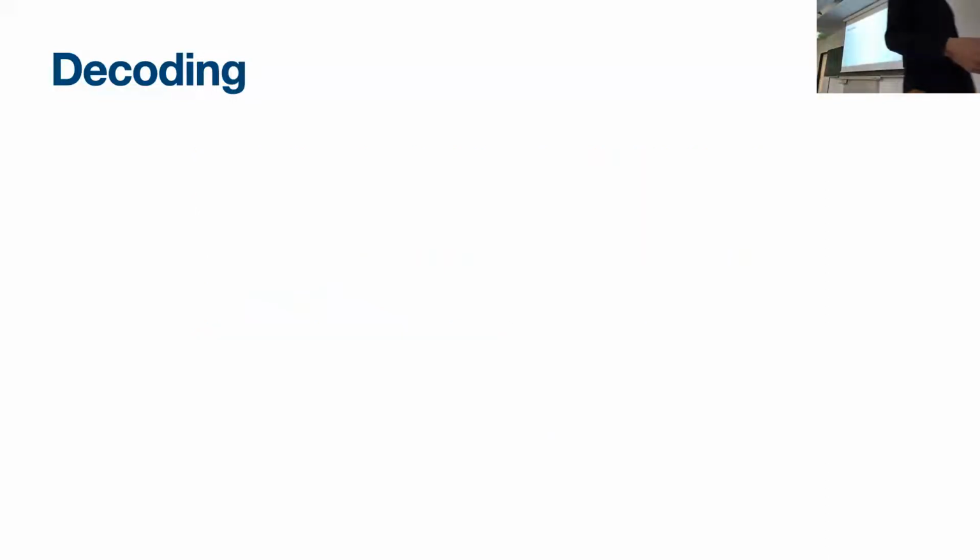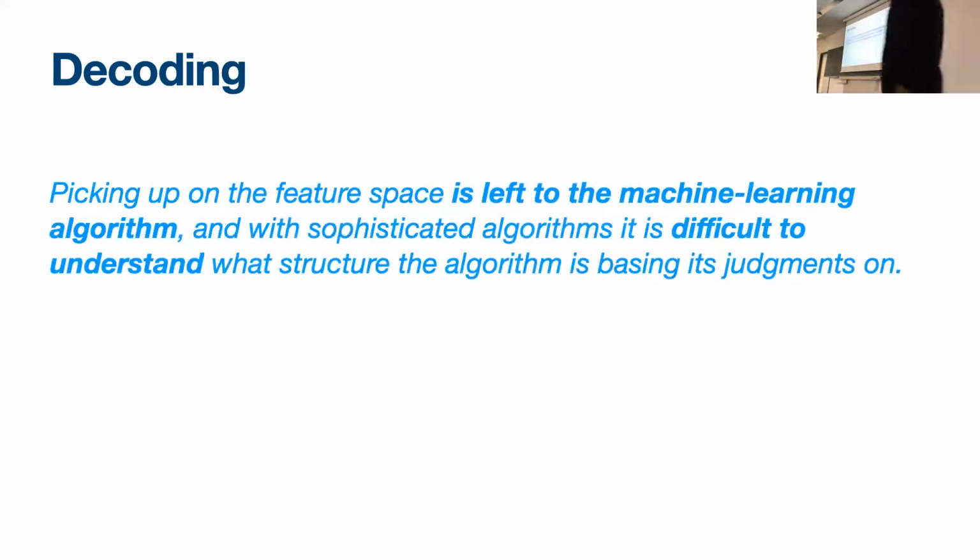Now, one thing that has crept up even from the beginning of this sort of methodology in the field is that if you're leaving the important aspect of this type of research to some smart algorithm, then that may be cool, but it's also very difficult to understand what pattern it's picking up, right?